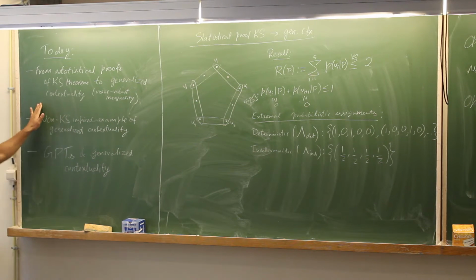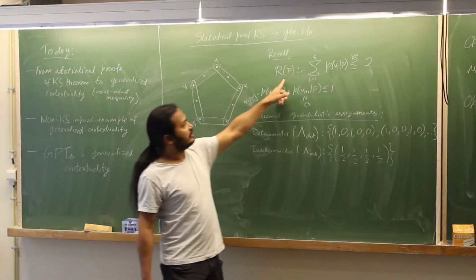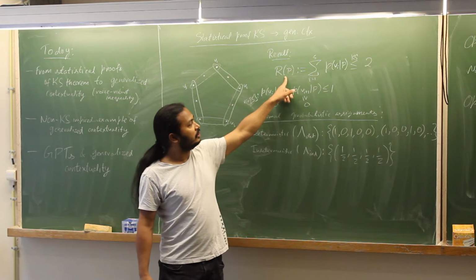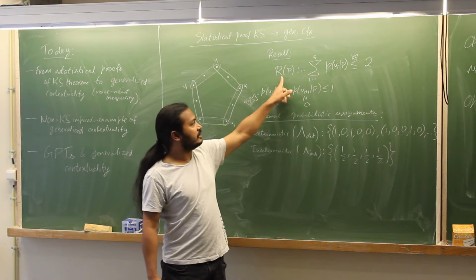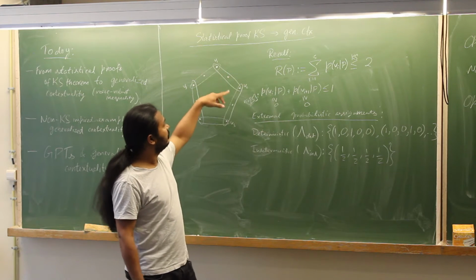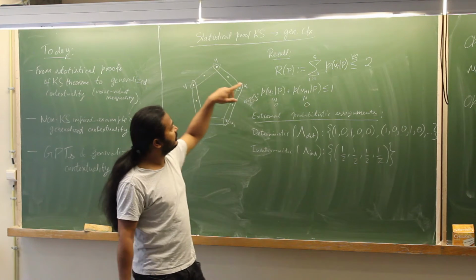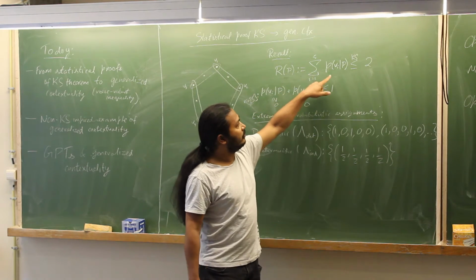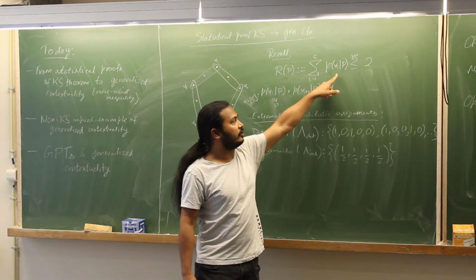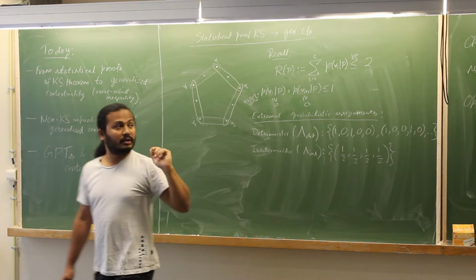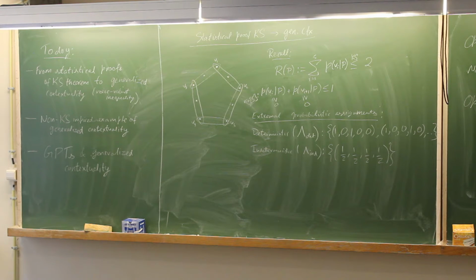What we want to do is go from this inequality to something else, which doesn't require me to assume deterministic assignments, and which therefore is also applicable beyond pure sharp measurements.